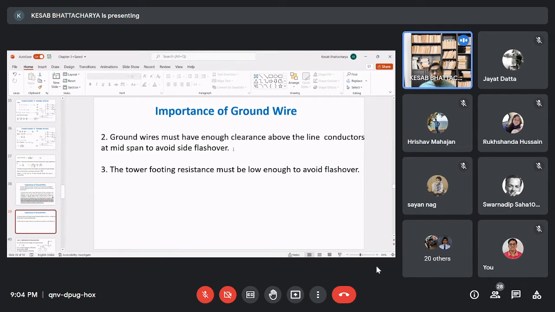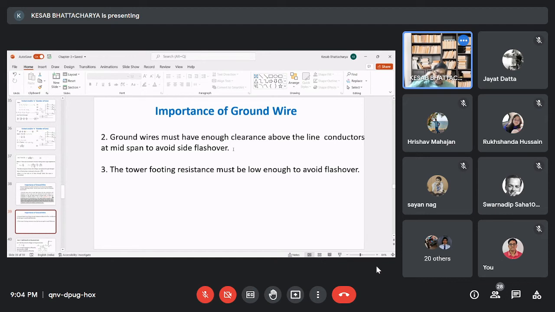And when the distance between the two conductors reduces, there is a chance that the electric field between those two points will increase, where the distance has become less.